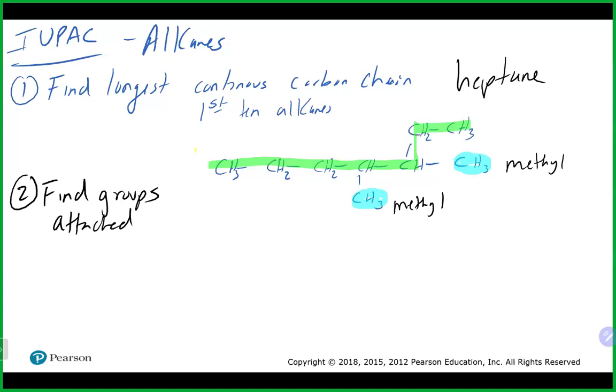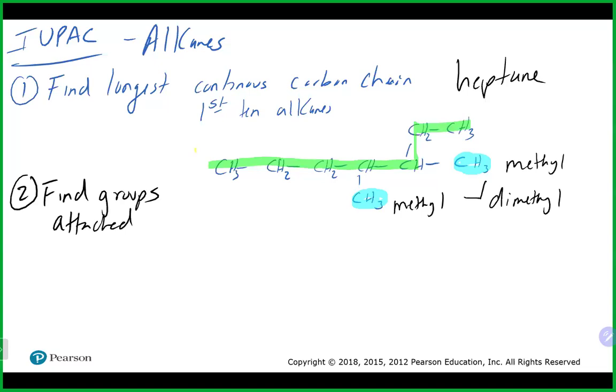So in this case, those 2 groups together would be referred to as a dimethyl group, because there are 2 methyl groups in the entire compound. It doesn't matter if they're on different carbons. It doesn't matter if they happen to be on the same carbon. You just have 2 of them in that compound. By the way, if I had 3 of them, it would be a trimethyl and so forth, or a tetramethyl, or whatever it may be.